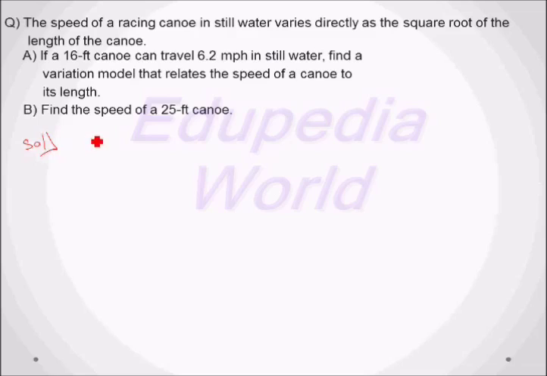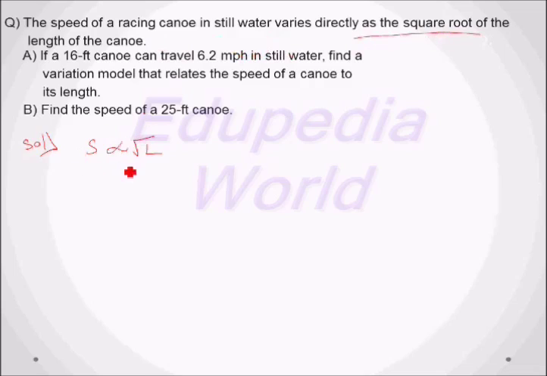Let S represent the speed of the canoe and L represent the length. The general variation model is S directly proportional to root L. That is, in the question it is mentioned that the speed of a racing canoe in still water varies directly as the square root of the length of the canoe.